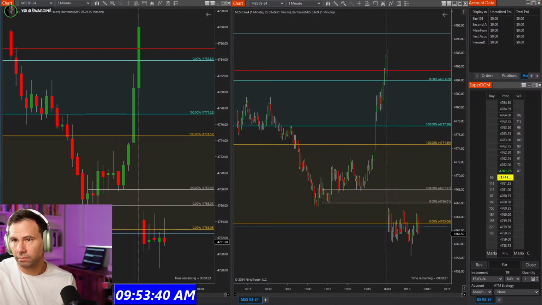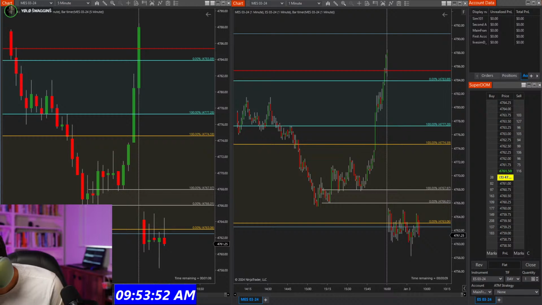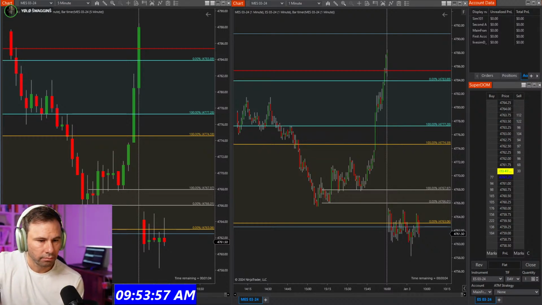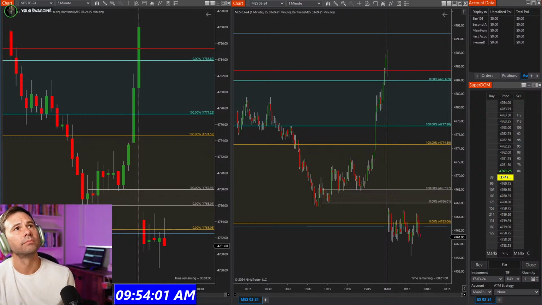If we could reclaim the VWAP, there's potential. If we turn the VWAP into support, we got a move up to about 660, 665, somewhere in there. But right now, the way this is forming for me, it looks like distribution.